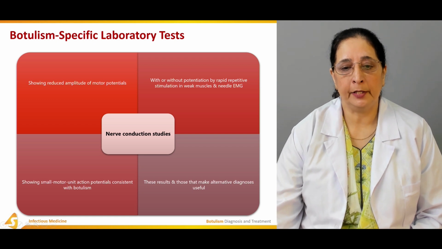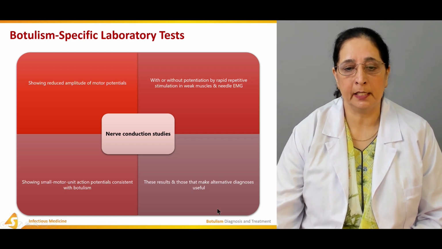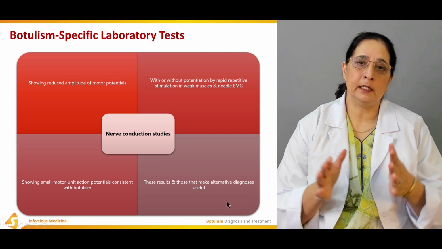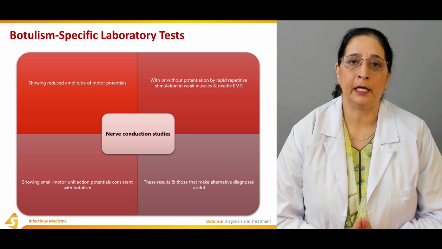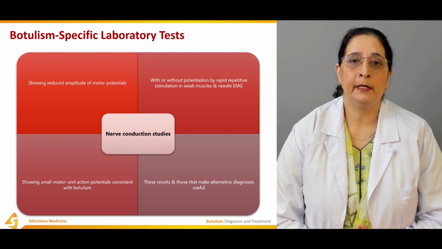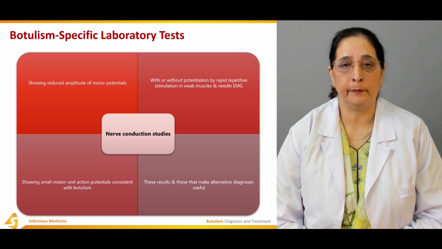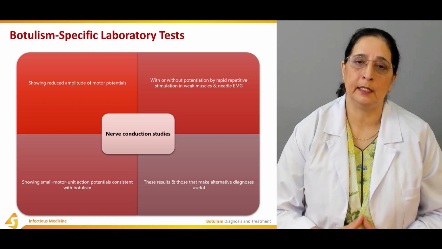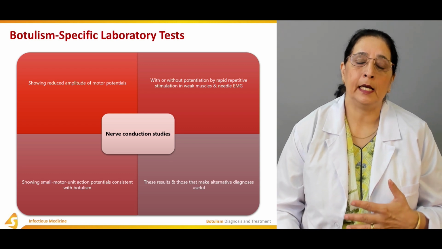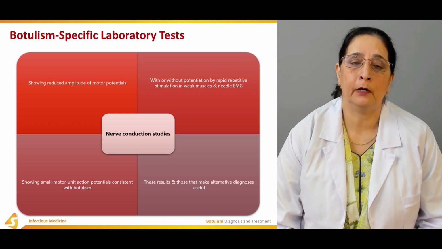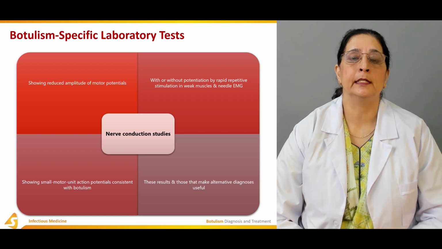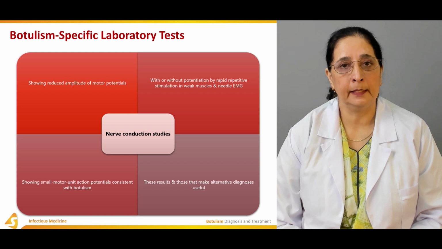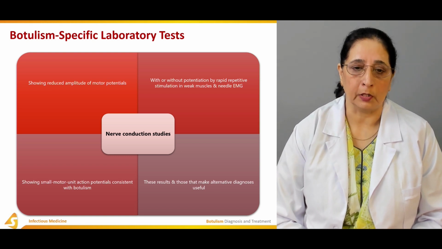These results, and those that make an alternative diagnosis, are useful. So all these are the specific tests for the diagnosis of botulism. Nerve conduction studies are important. Tests for the diagnosis of botulinum toxin are very helpful. But other than that, the standard test of the blood and the radiological examination are not very specific for the diagnosis of botulism.